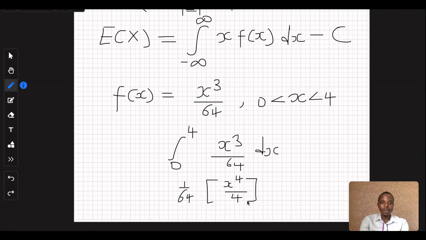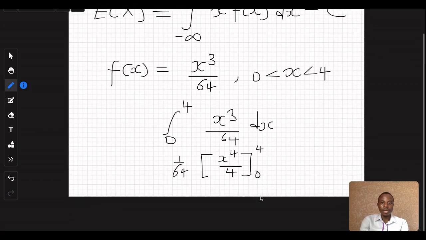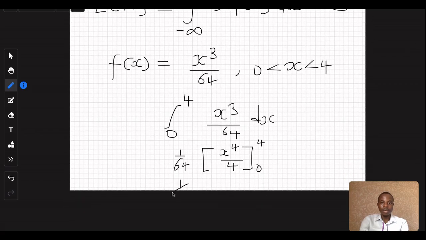And when we do that, I can have my 4 outside and 0 here, and in that case, I'm going to have 1 over 64 outside.